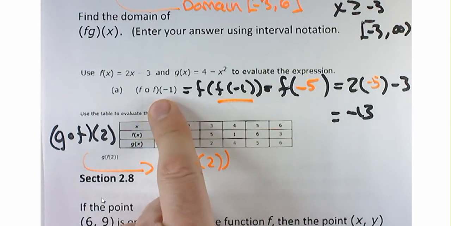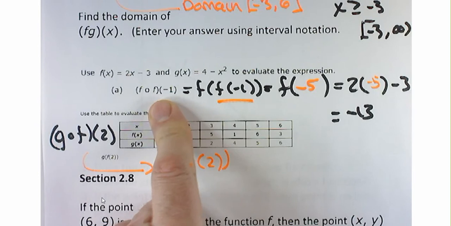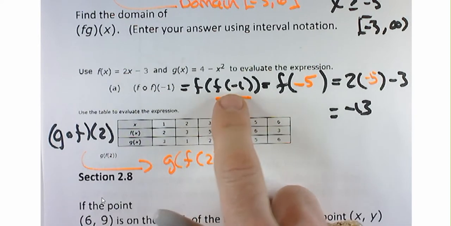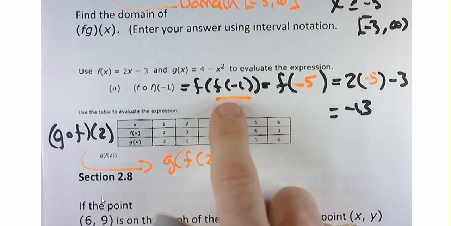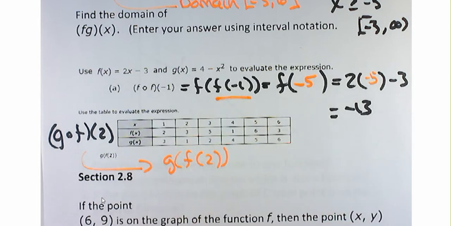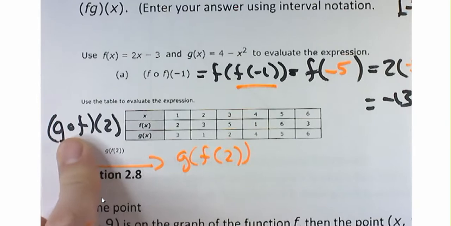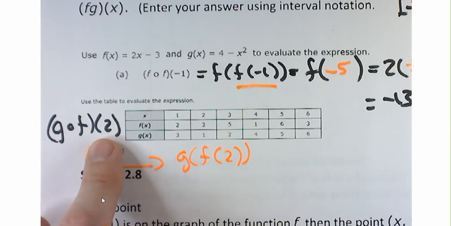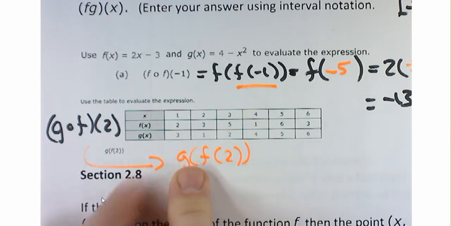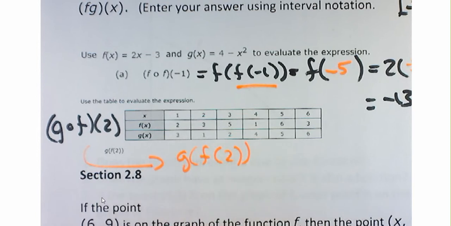This is what you're going to see sometimes in WebAssign and maybe occasionally on a test, but not often. I tend to be a little bit more student friendly with the choice of problems I give, so I'd probably write it like that. So let's take a look at this one. Maybe it's written like this, g composed with f of 2, which you would then translate in your mind to g of f of 2. And again, you want to work from the inside out.